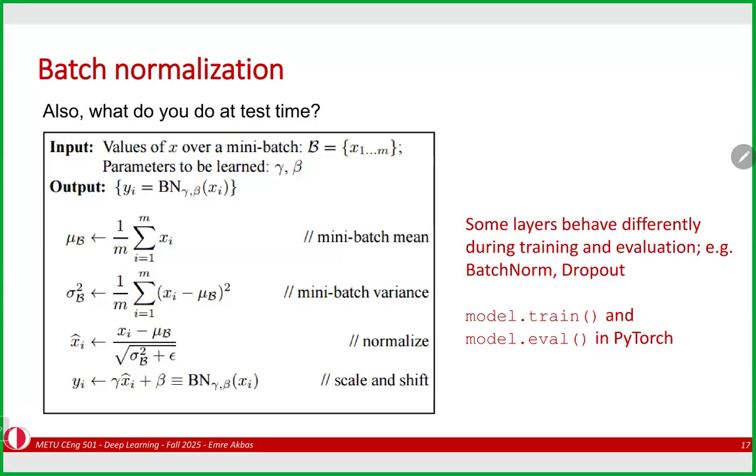Still, you have to call eval. So during training, you should call train, and after training, you should call eval. So be careful. This also applies to dropout, because during training you randomly kill neurons in train mode, but during evaluation mode that should not happen. If you forget to call this, weird things happen.